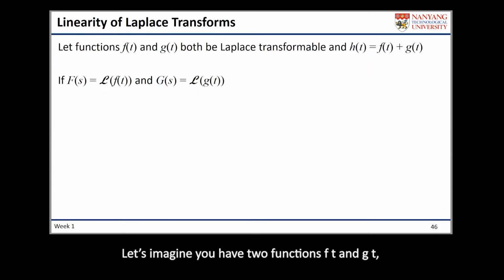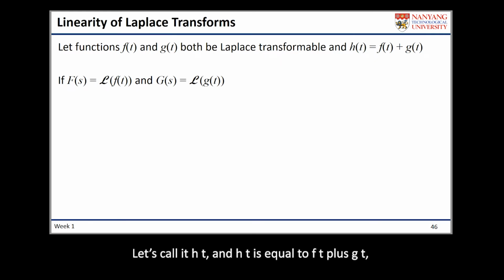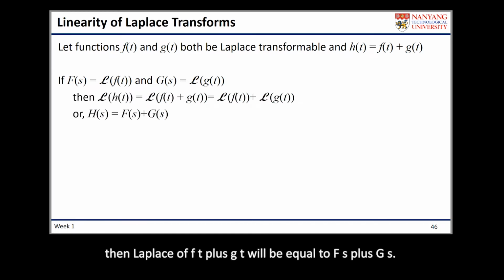Let's imagine you have two functions, f(t) and g(t), and you have a function that is a combination of these two functions, let's call it h(t), and h(t) is equal to f(t) plus g(t). If the Laplace of f(t) is equal to F(s) and the Laplace of g(t) is equal to G(s), then the Laplace of f(t) plus g(t) will be equal to F(s) plus G(s).